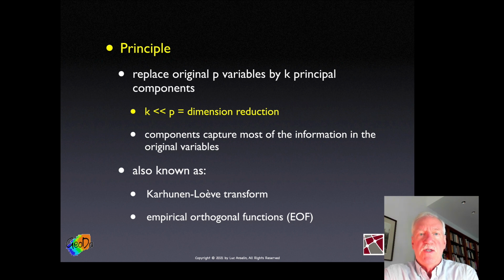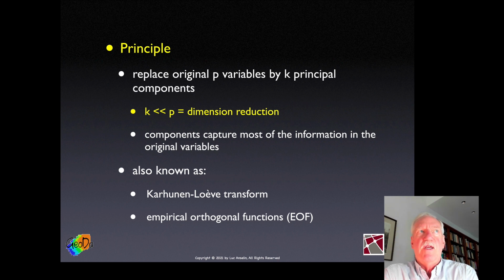It has a particular objective function, namely to maximize the explained variance. And you can come up with other methods that use different criteria, but this one is by far the most commonly used. And as is often the case, it's been reinvented a number of different times, and it's known under different terms in different literatures.